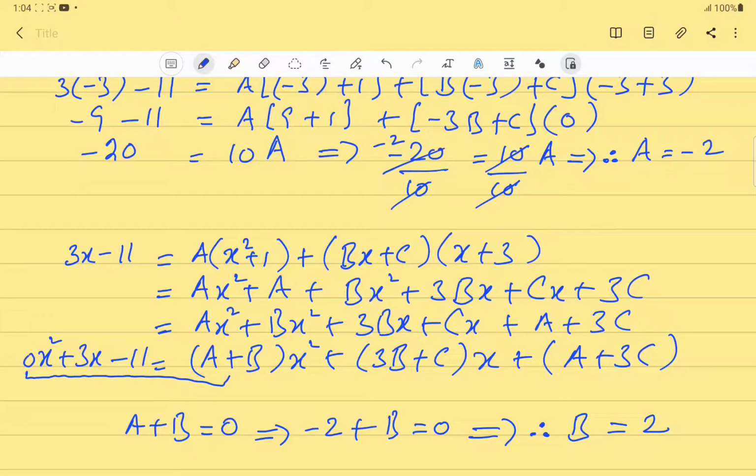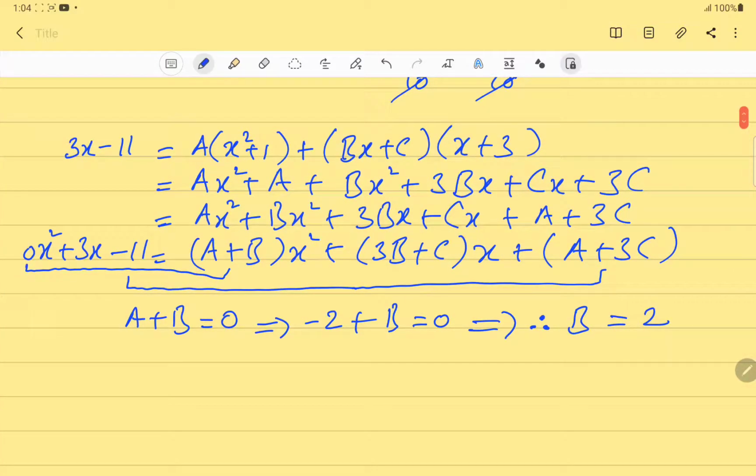And now we compare the coefficients of the terms which are without x, minus 11 with this one. So a + 3c is equal to minus 11. We have the value of a, which is minus 2, so minus 2 plus 3c is equal to minus 11.